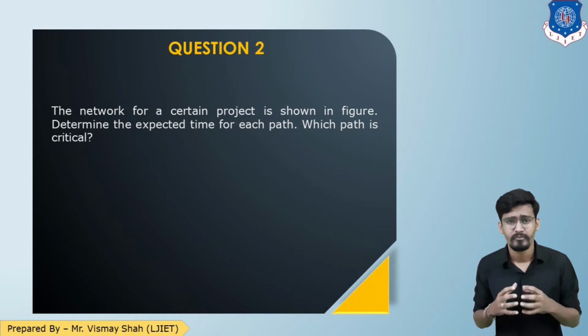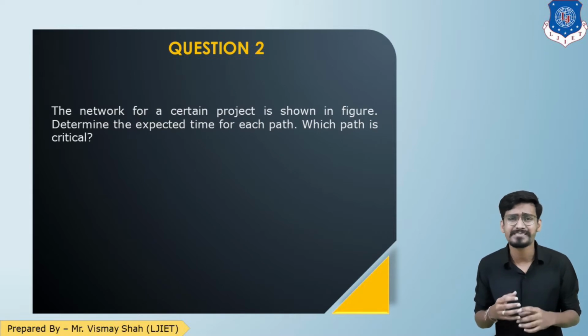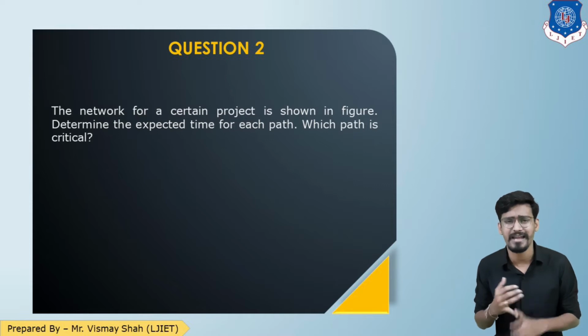We have a network given in the question, and we have been asked to find, first, the total expected time for each path. Second, determine the critical path. Now let us see the network first.